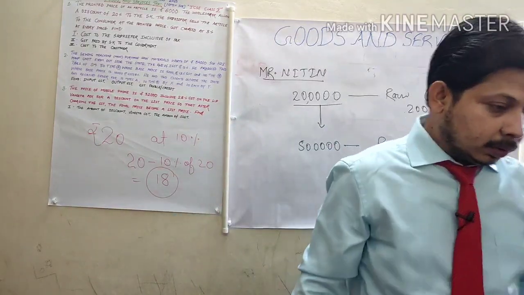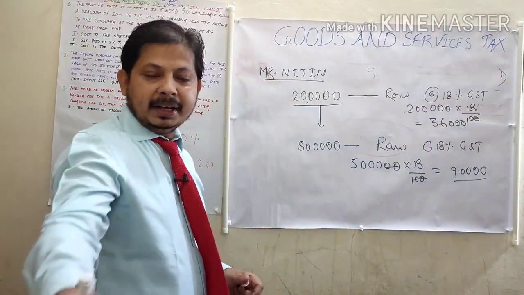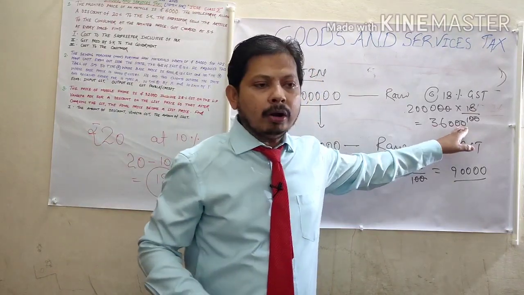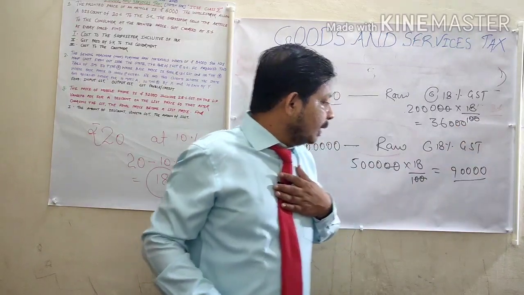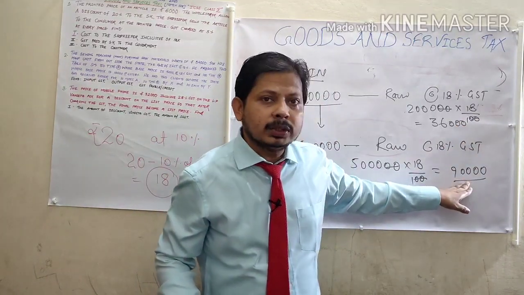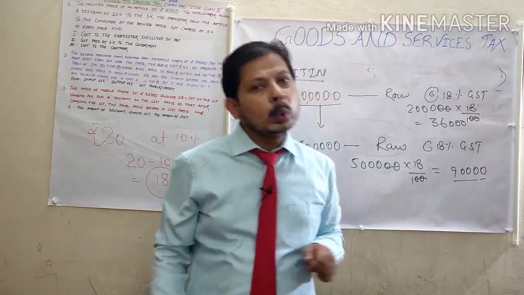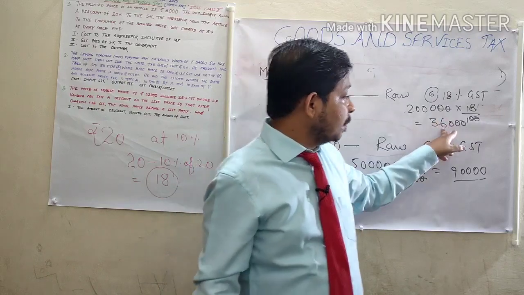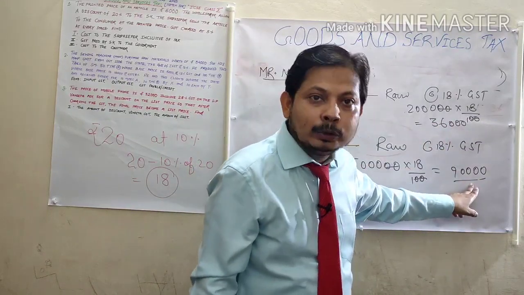As raw material, I have already given 36,000 to the government as GST, and then as a shopkeeper I am receiving 90,000 as GST. Should I pay all this amount to the government? No, because I have already paid. So this is my input and this is my output.